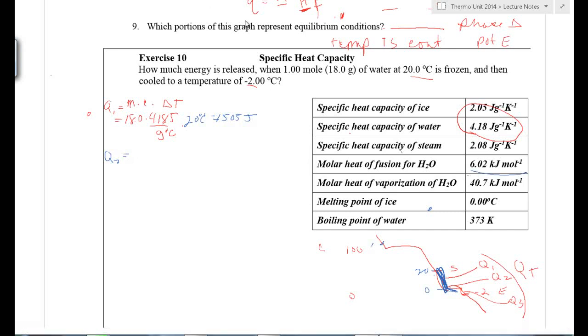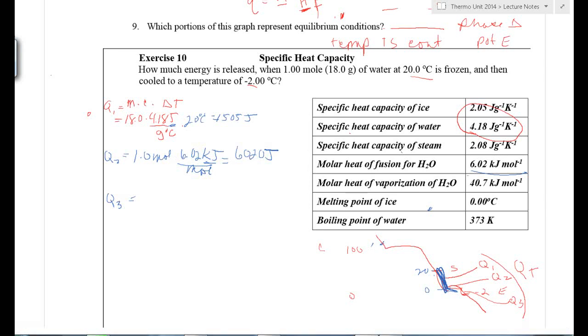So I'm going to use 1 mole times the heat of fusion, which is 6.02 kilojoules per mole. Now recognize I got kilojoules here and I got joules here, and when I add them together they're going to have to be the same. So this is 6.02 kilojoules, so I'm going to go ahead and change this to joules. That'll be 6020 joules.